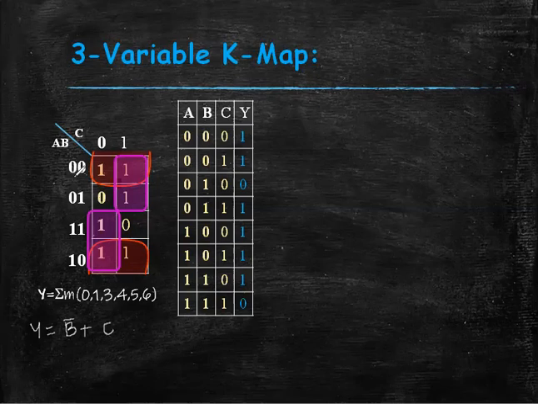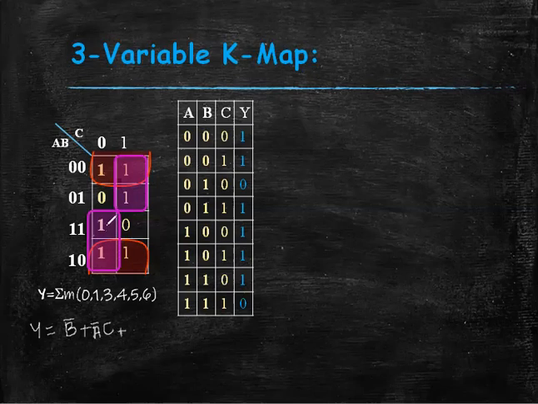Which quantity remains constant? A bar. 0 remains constant, and the first variable corresponds to A bar. Then we get A bar C.